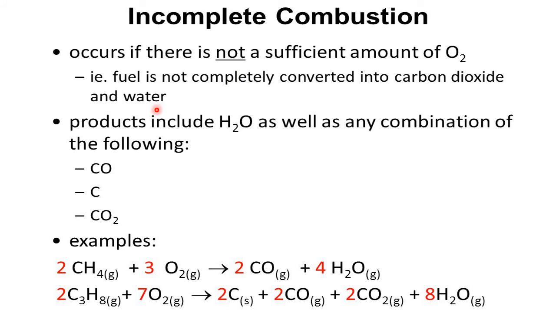Products include water as well as any combination of the following: CO, C, or CO2. Here are the examples. Already we learnt the one for carbon dioxide and water. This one is for carbon monoxide and water, and this is for carbon monoxide, carbon dioxide, and water.